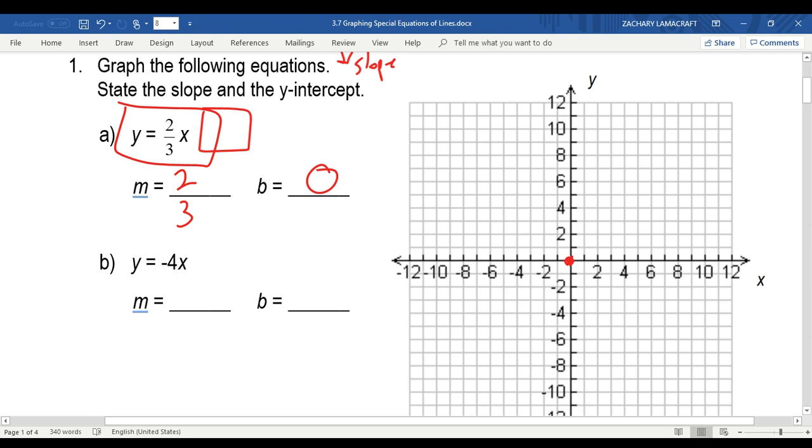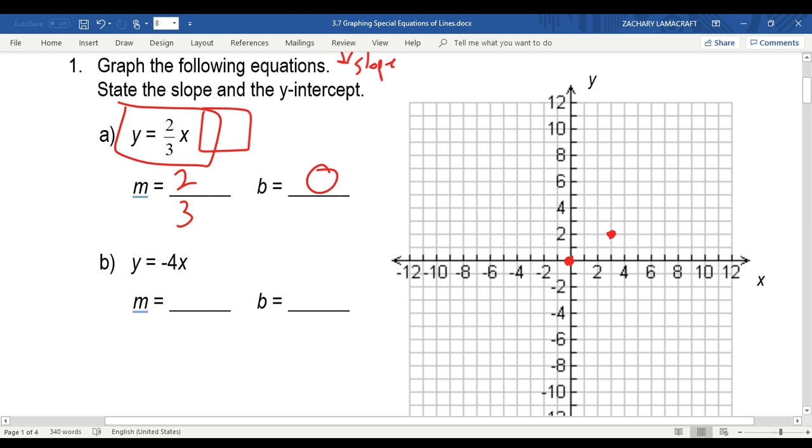So put that point right there if you could. And then our next step would be to do our rise over run. So what's our rise here? 2. So we go up 2, 1, 2. And what's our run? 1, 2, 3. And we put our second point right there.